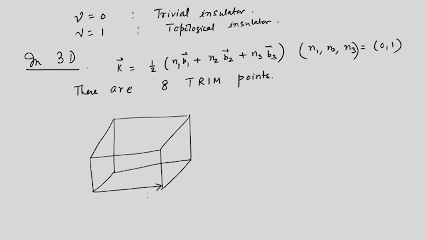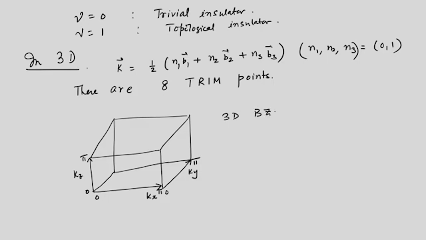So, let us call this kx, this ky, and this kz, and this is 0 to pi, 0 to pi, and 0 to pi. So, that is a 3D BZ.